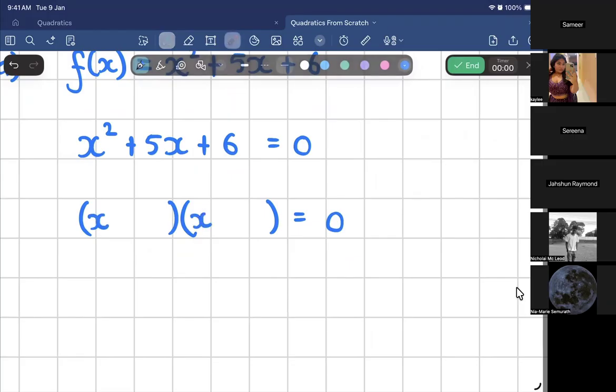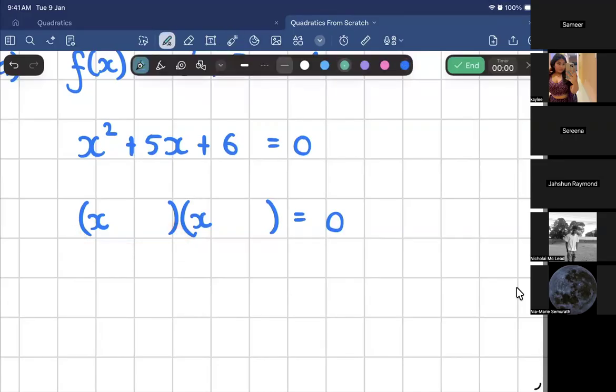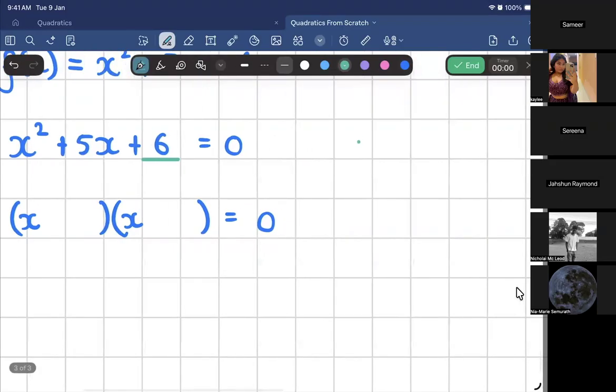Kelly, notice that the highest power of x is 1. So what would I call these factors? Quadratic factors or linear factors? Linear factors. Great. The next thing I want you to do, I want you to look at the last term. What is the last term in this expression? 6. Okay. So to get 6, how would I need to multiply?